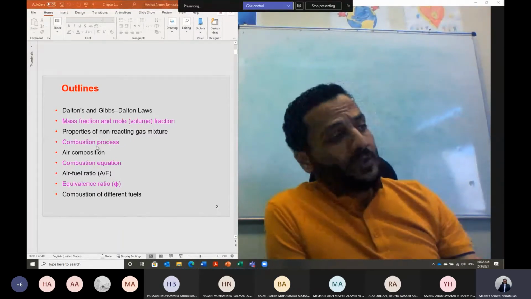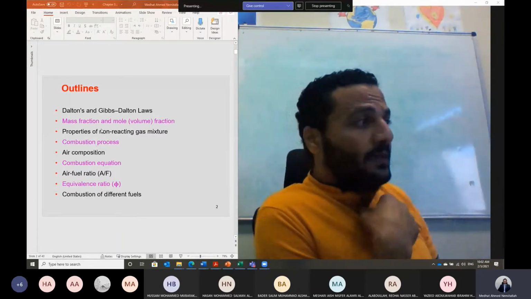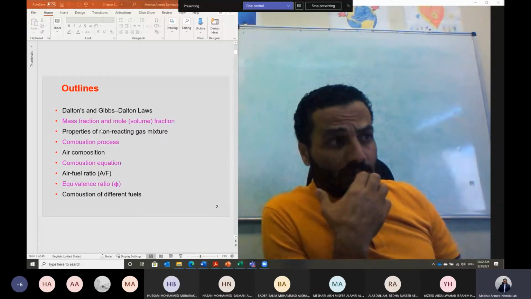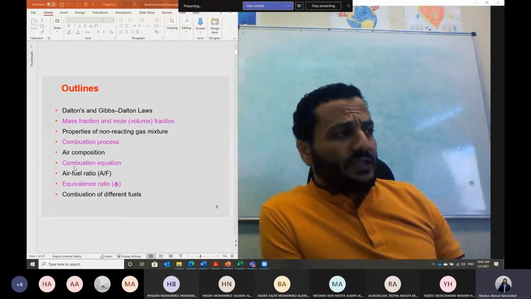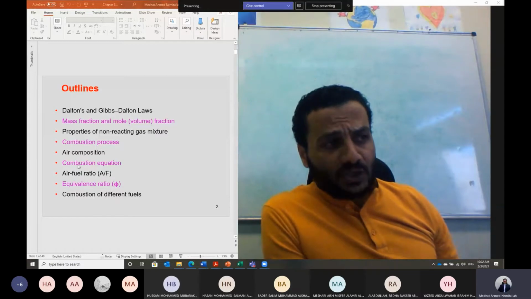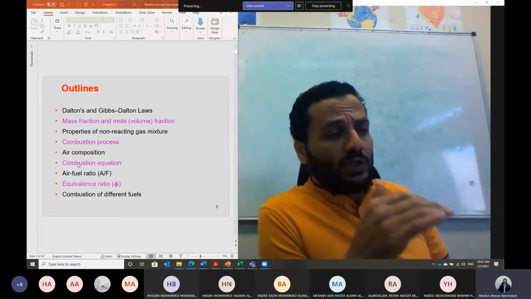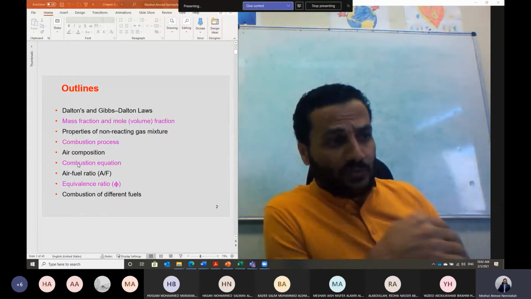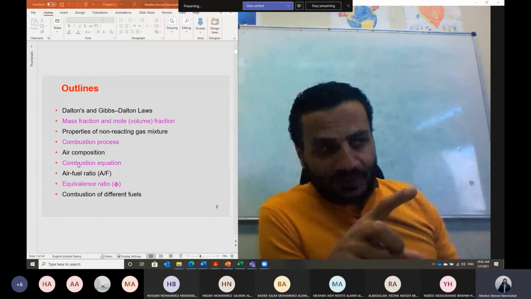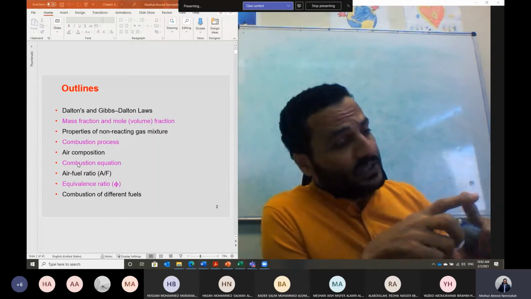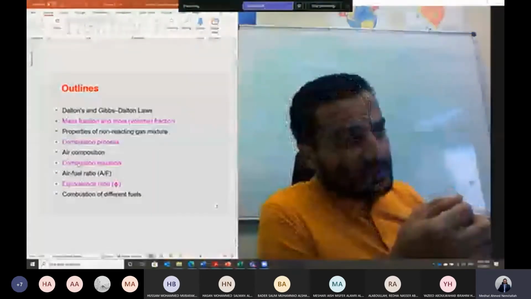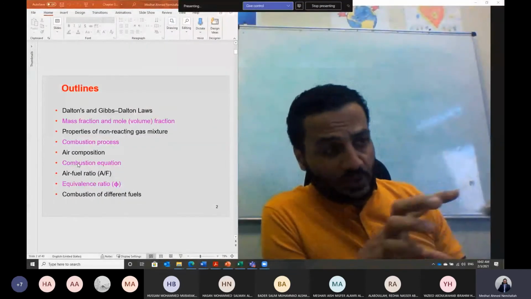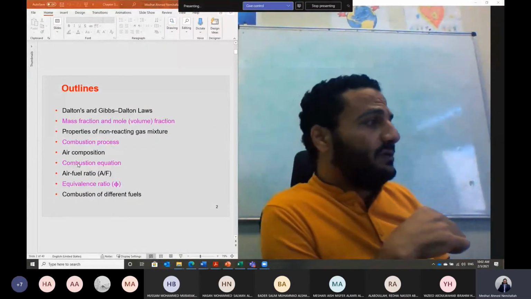Inshallah, we'll be talking also about the combustion process, how to write down the combustion equation, considering the air combustion case, considering different kinds of fuel. If we have different fuel, how to write down the combustion equation, the general equation, as I said, without any kinetics, any intermediate reaction not involved, just the general reaction.